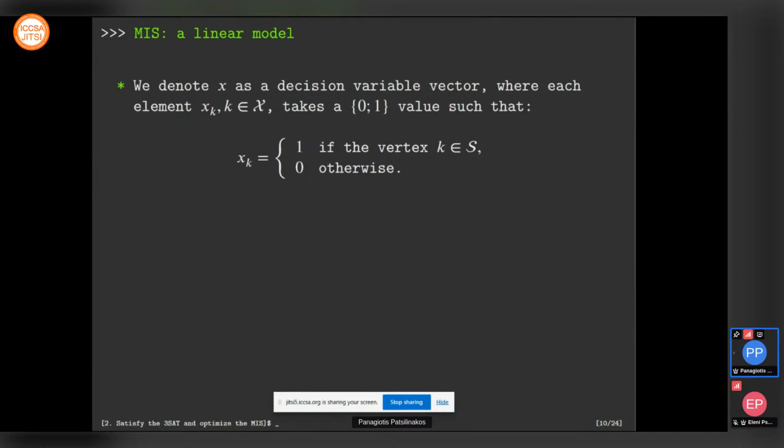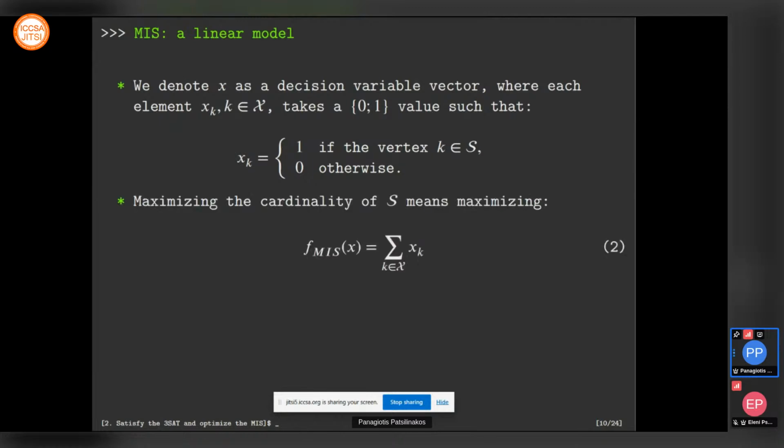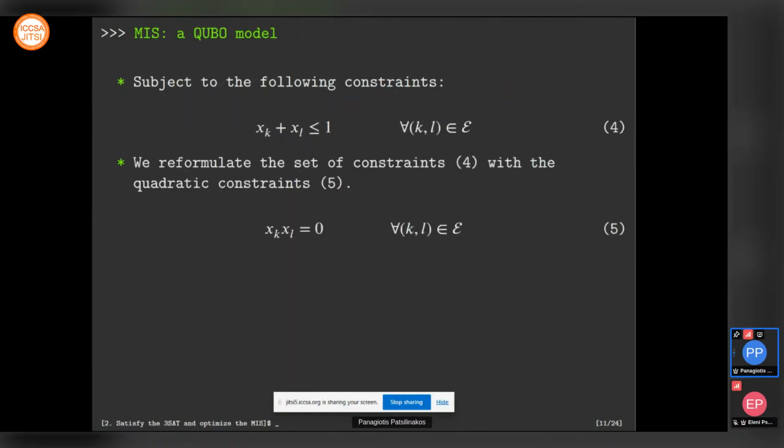Xk for vertex k will be equal to 1 if we select the vertex in the independent set, 0 otherwise. So we try to maximize the number of vertices in this set, and the only rule is that for each edge KL, at most 1 can be in the independent set.